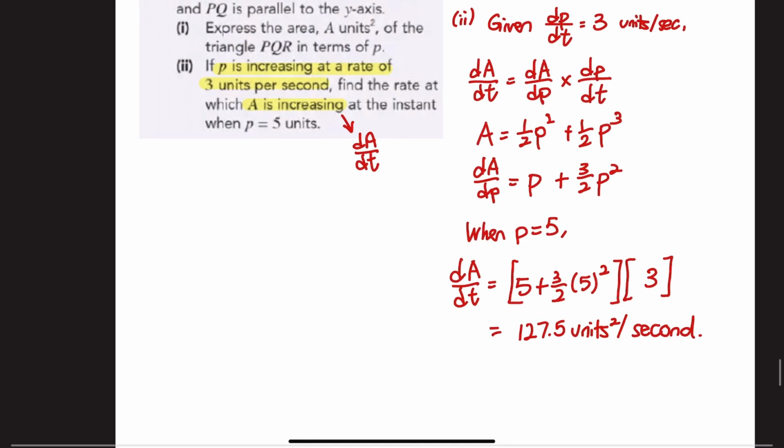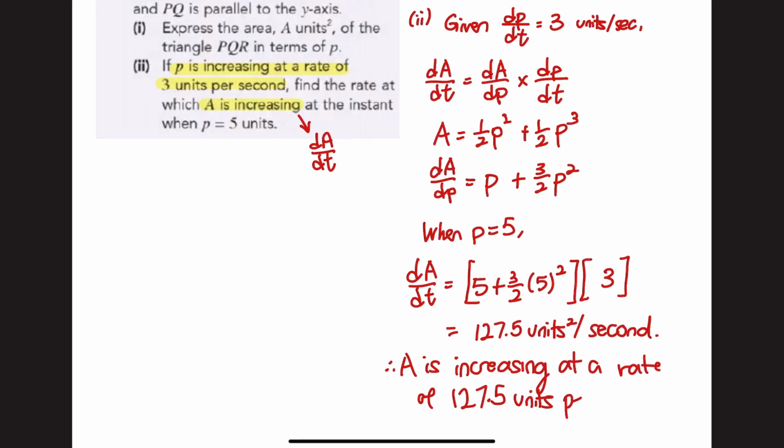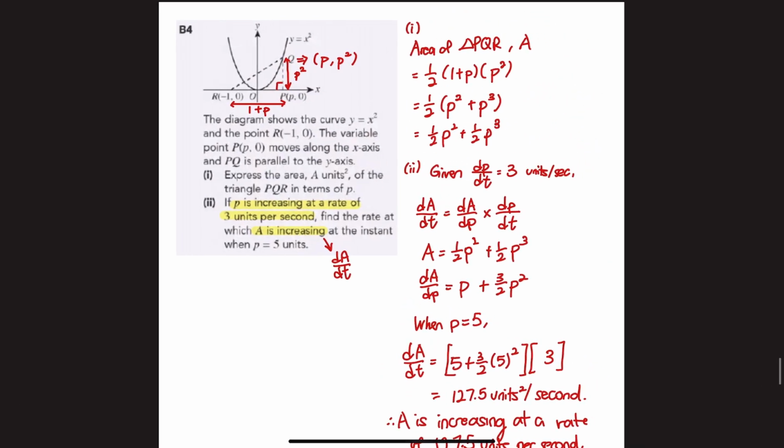Therefore, to answer the question, since my dA over dt is positive, A is increasing at a rate of 127.5 units per second. And this is for part 2 of question B4.